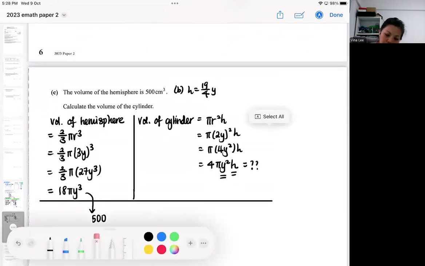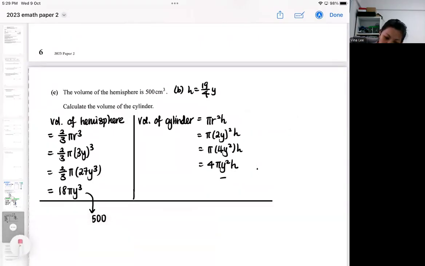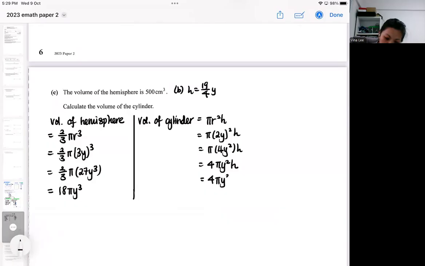So what you can do is, you put in the h first, so put in the h, you get 19 over 4y, so that the whole expression is easier. And then you can punch calculator. So everything is just left with pi y cubed.